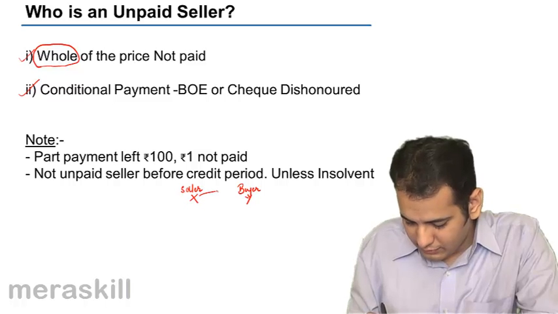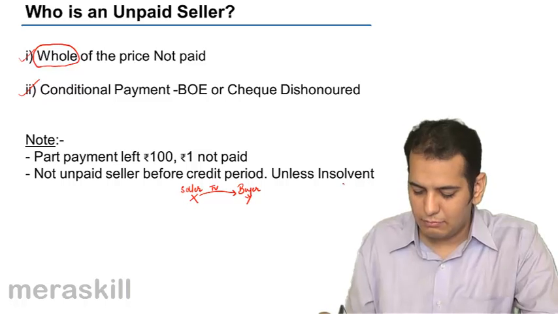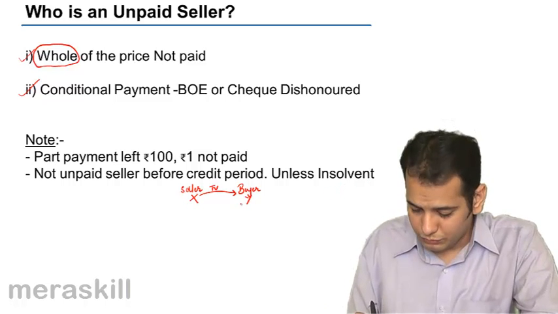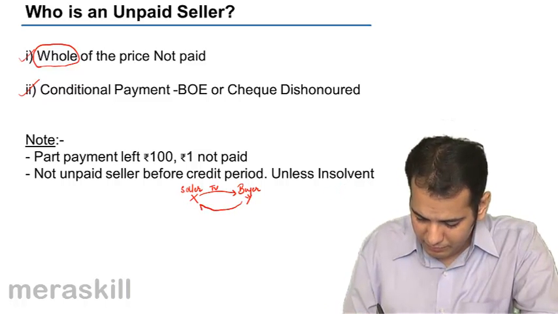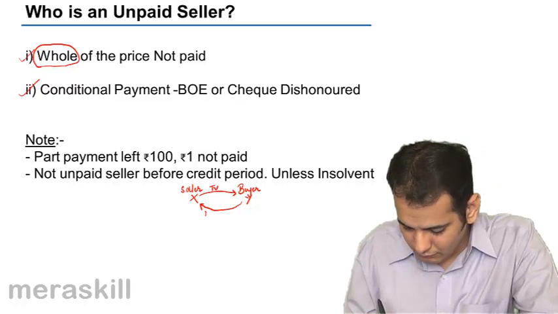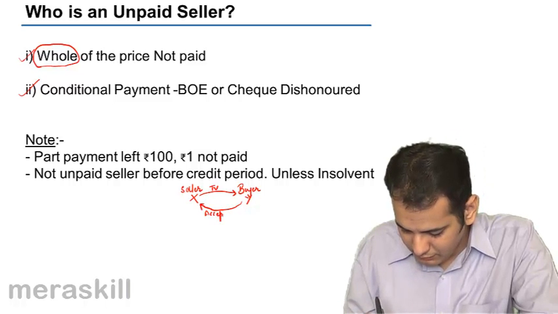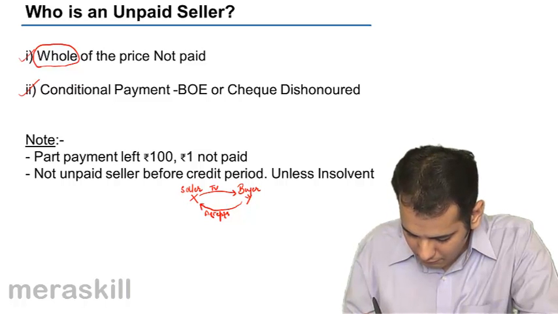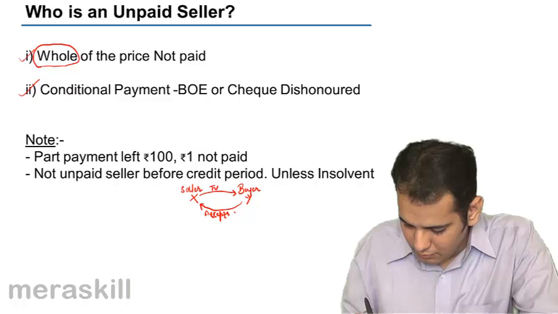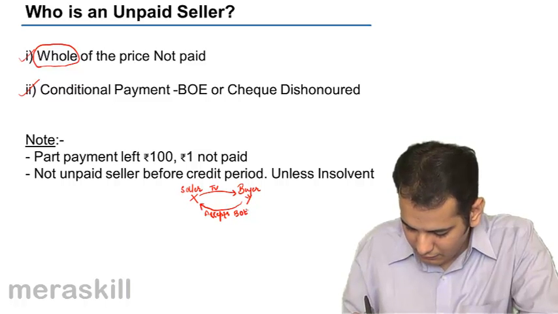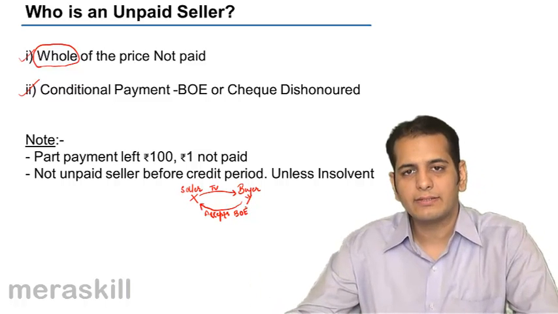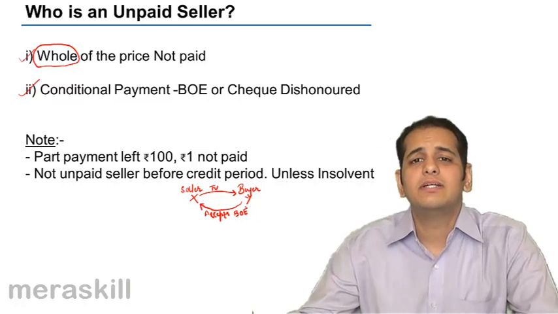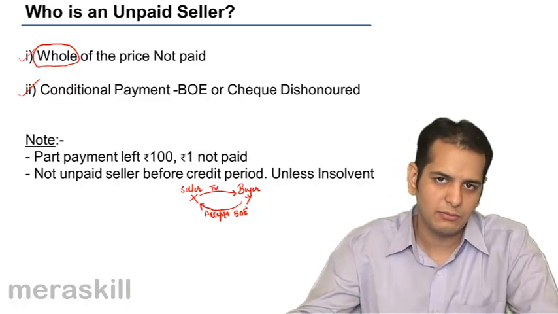Now X sells him a TV, but Y does not give him the payment. Instead, he accepts a bill of exchange, because he does not have money right now.